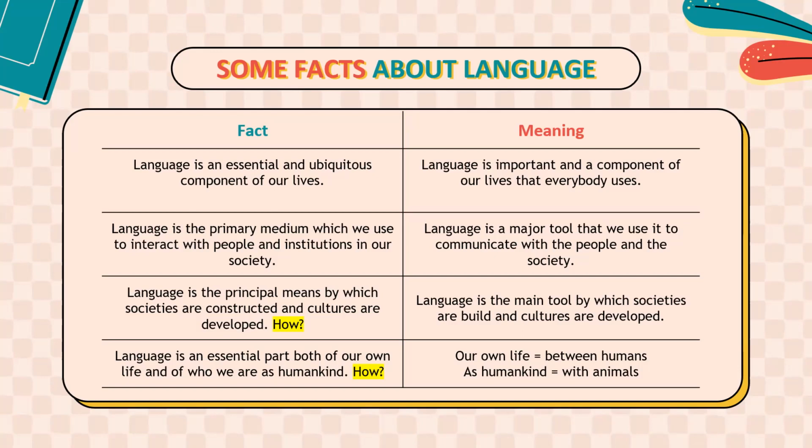So this is the way societies are constructed by language, because each society is referred to by its language. Cultures are developed. I'm really sure that you studied Introduction to Literature, English literature, and you know that we have the Anglo-Saxons, or even before the Anglo-Saxons. They had a language, a new language, before we called it English.